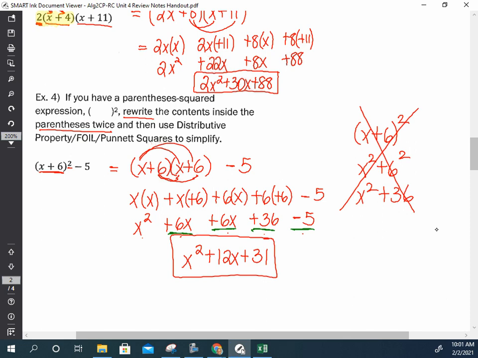So again, the part that I showed at the beginning, that's a very, very common mistake. But it's a very, very fixable mistake. Any questions with example 4?